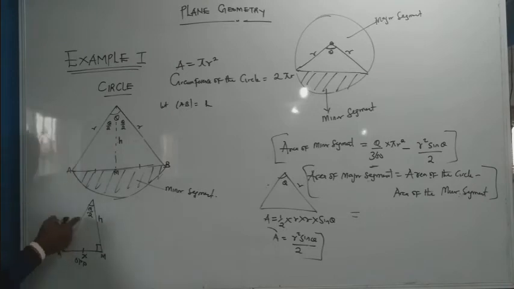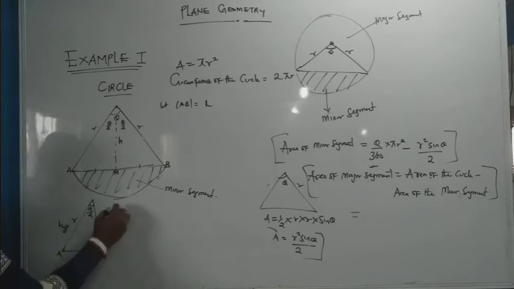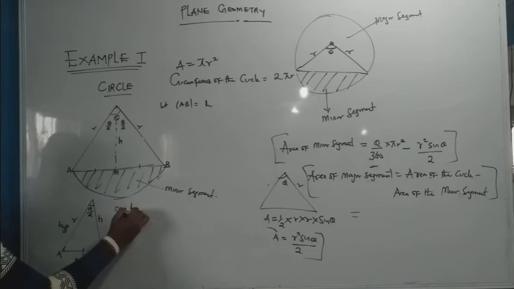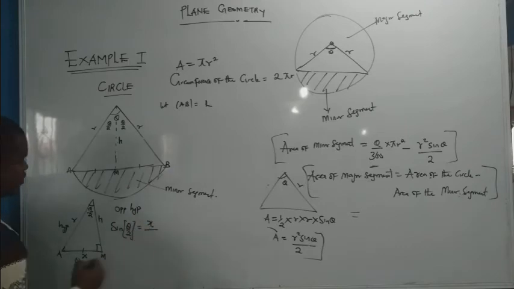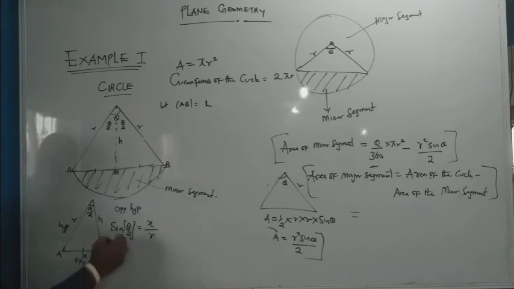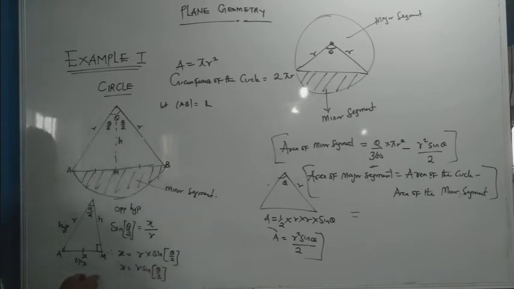So how do we get our x now? Since here is the opposite, the side facing the angle, and here is the hypotenuse, we have sine theta over 2 is equal to opposite, which is x, over hypotenuse, which is R. So x is equal to R sine theta over 2, by cross multiplying.